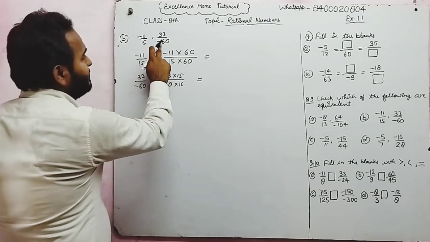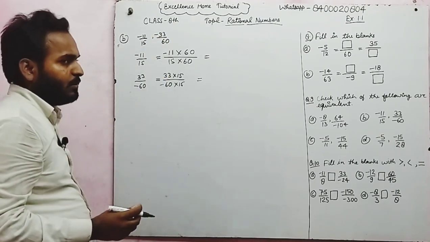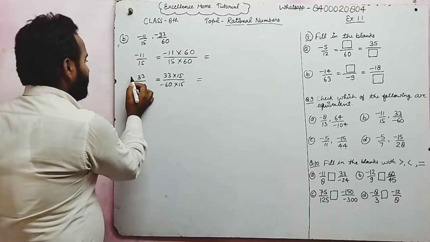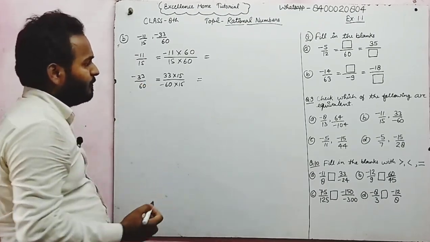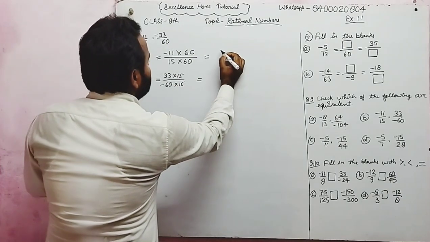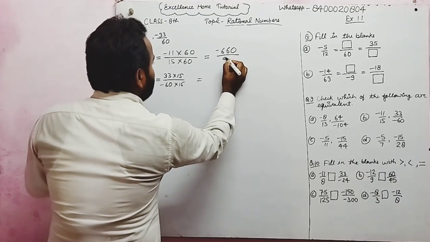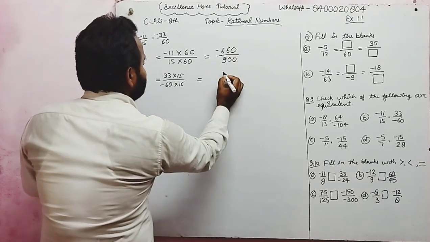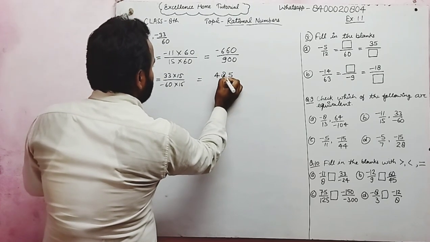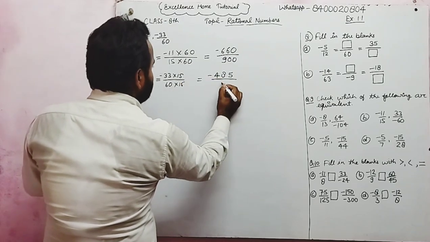Here the minus sign is changed into the numerator. So we have to write this in numerator form. Okay, so let's multiply, 900. Here the minus sign is removed.